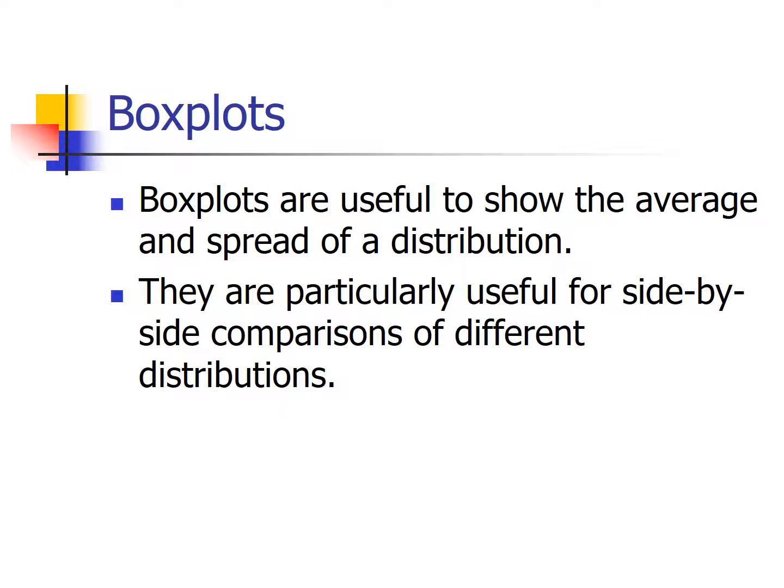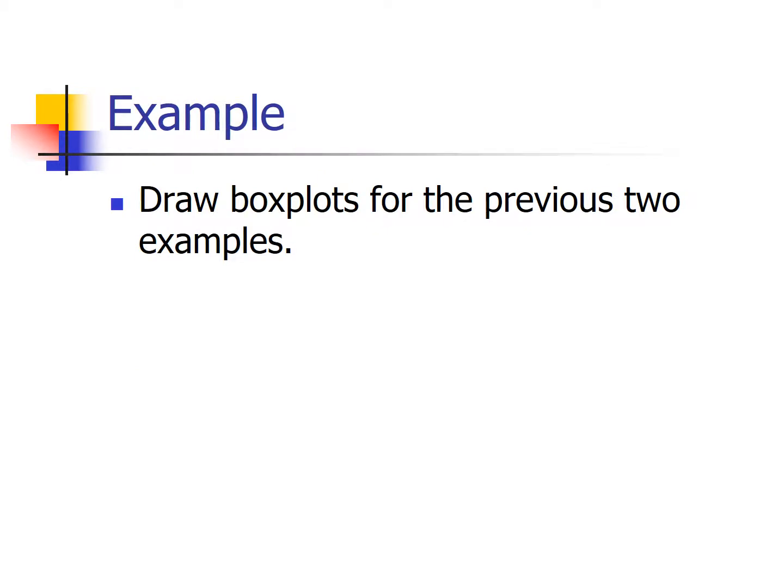In this example we're going to do a side-by-side comparison of Hospital A versus Hospital B, which is what we'll focus on for this PowerPoint. But if you look at your textbook, there should also be another 1 or 2 examples of these side-by-side comparisons. That's really the main utility of these box plots that we're getting ready to learn how to make. So actually, next slide is where we'll see the box plots.